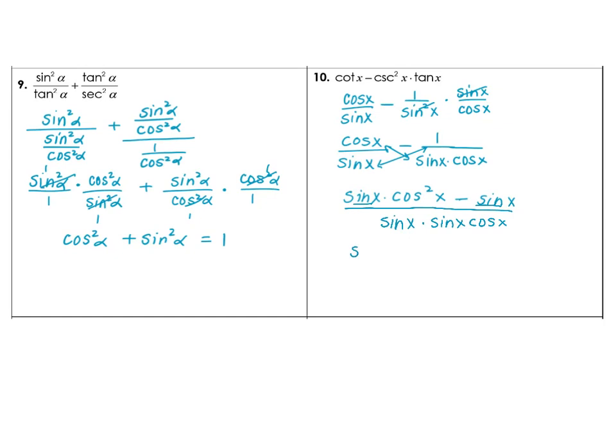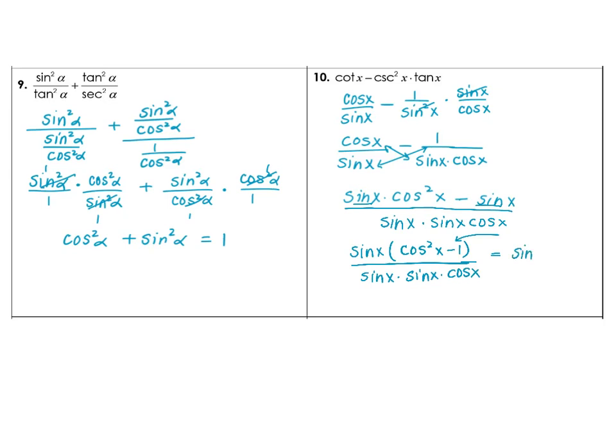So I'm going to factor out sine x, and we're going to have cosine squared x minus 1 left in the numerator. In the denominator we have sine x times cosine x. Now this portion here is that Pythagorean identity rearranged. And I believe that's probably going to give us a negative sine squared.